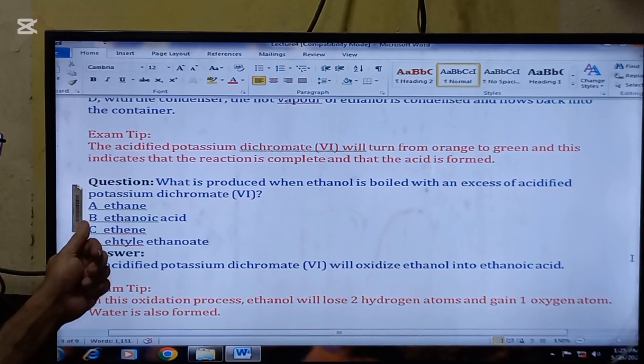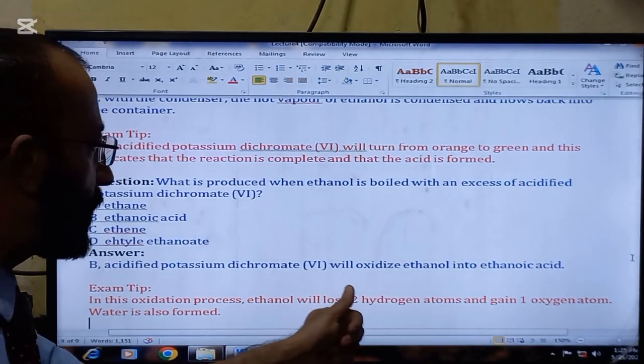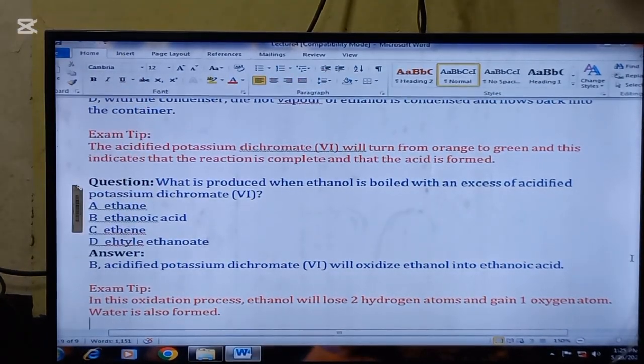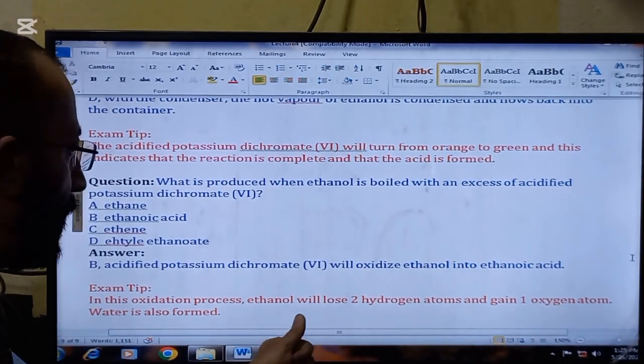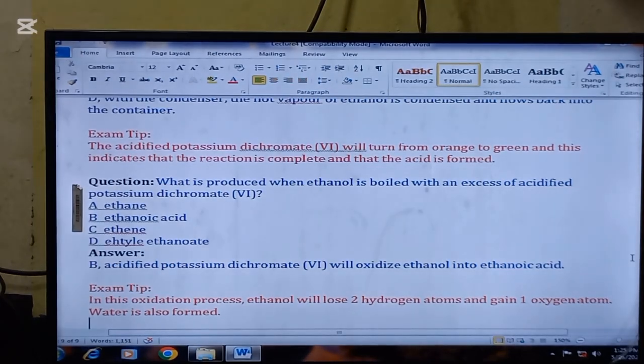Answer is B, ethanoic acid. Acidified potassium dichromate will oxidize ethanol into ethanoic acid. In this oxidation process, ethanol will lose 2 hydrogen atoms and gain 1 oxygen atom. Water is also formed.